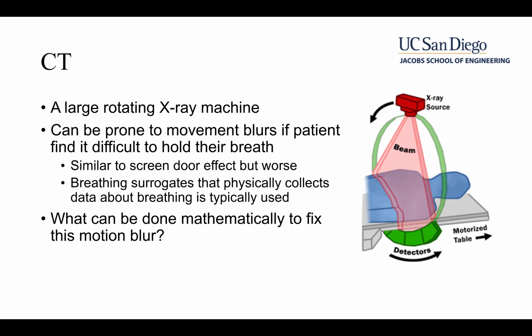Typically this is solved via breathing surrogates that may be physically connected to the patient. But I was just wondering, as a project, what may be done mathematically to fix this motion blur.